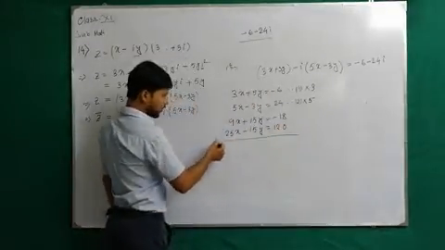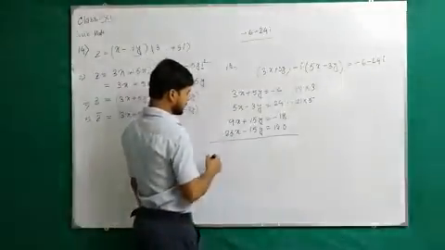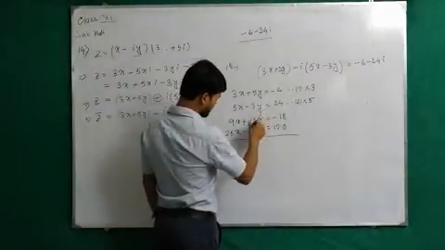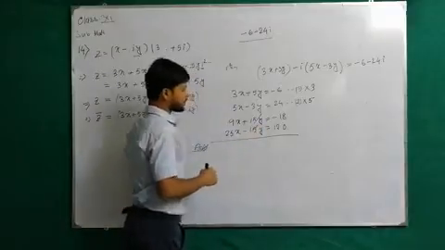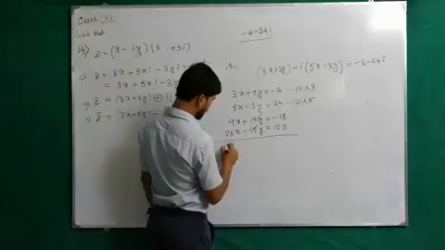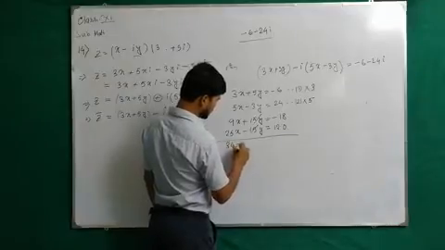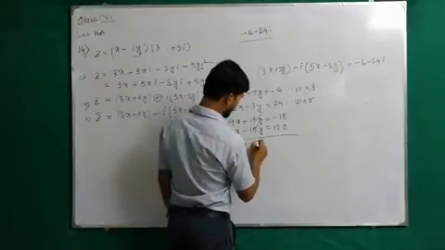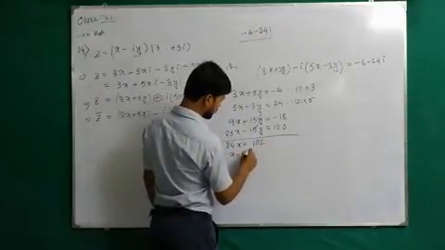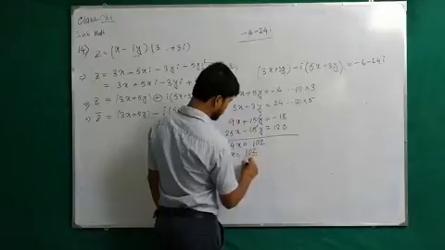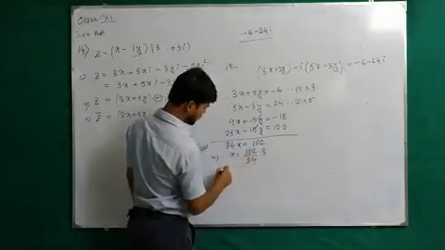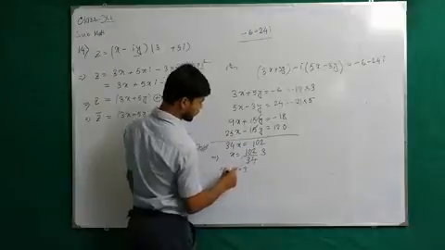Now add these two equations. So minus 15y and plus 15y will cancel each other. Then 9 plus 25, that is 34x, is equal to 102. That means x equals 102 by 34. So the value of x equals 3.